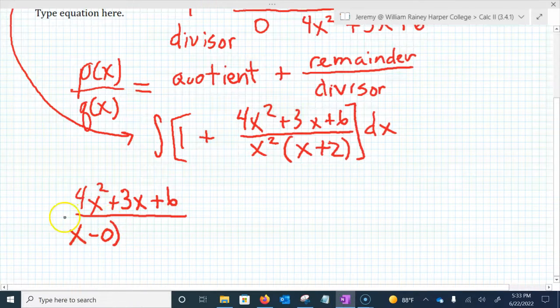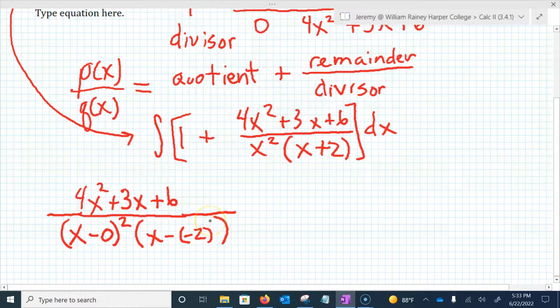I know this is doing the obvious, but x squared is x minus 0 squared. That means the denominator has a zero of minus 2, right? x plus 2. Of course, you don't have to write that. I'm just showing that the zeros of the denominators are turned into factors.